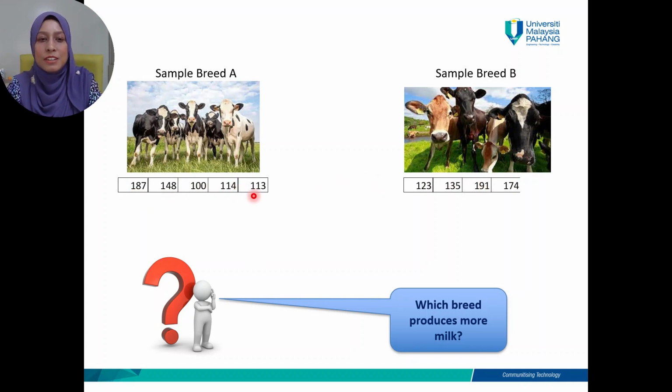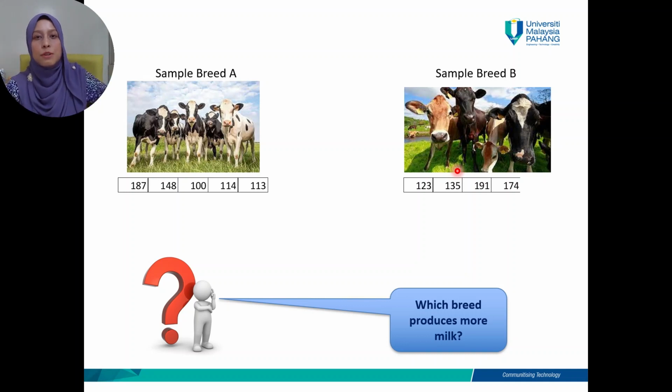So you see here, these two samples were taken from two different groups of cows. Okay, 187 here is from this cow, 148 here is from this cow. As for the sample breed B, the 123 is from this cow, 135 is from this cow. So you see, each data were collected from different individual cows.